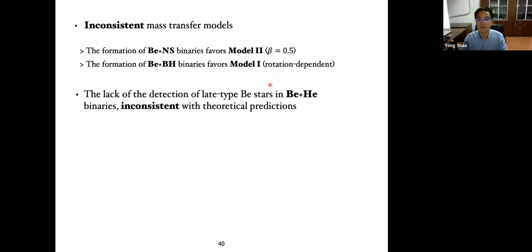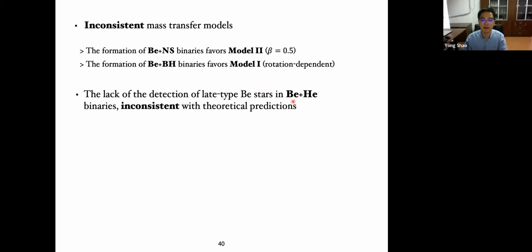Here, if we use model 1 to produce B plus neutron star binaries, we find that these binaries are dominated by the systems with late type B stars, like this case. This case is for B plus helium stars.